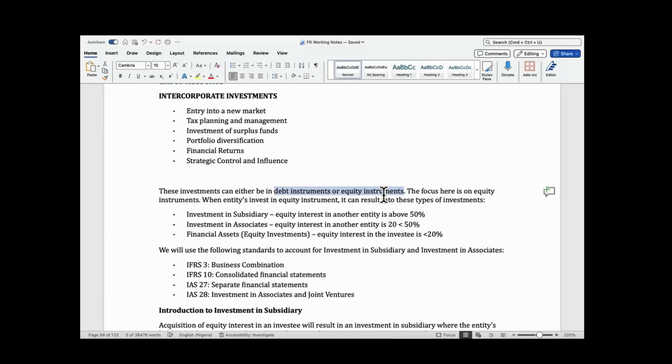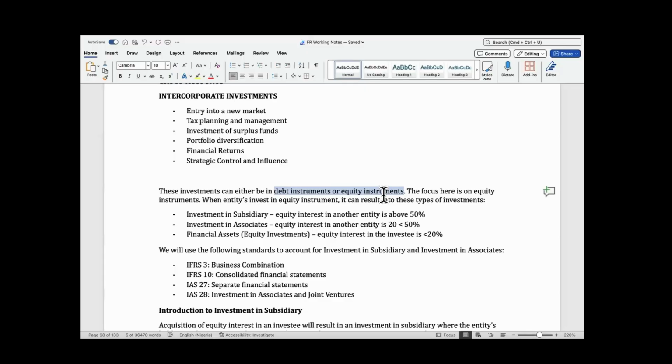When I'm done with group accounts, the very next thing I'm teaching is financial instruments, then lease and other ones. So debt instruments will not make you prepare group accounts. What would make the investor prepare group accounts at the end of the day is when he invests in the equity instrument of another entity. So that's the focus. I'm not talking about debt here at all.